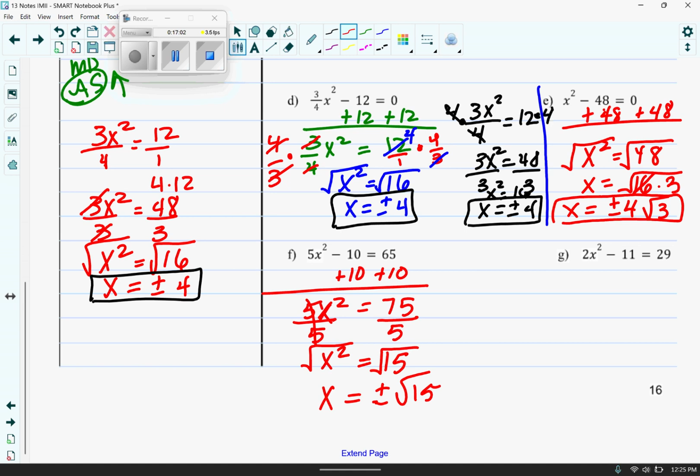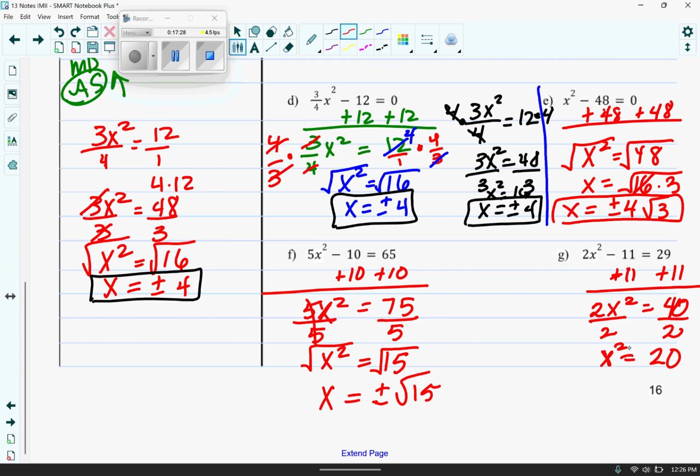The last one, we're going to add 11 to both sides. We're going to get 2x squared equals 40. Divide both sides by 2. X is equal to 20.